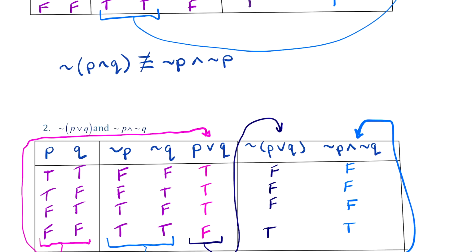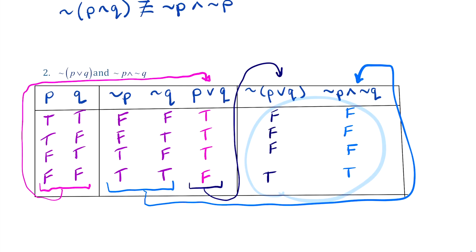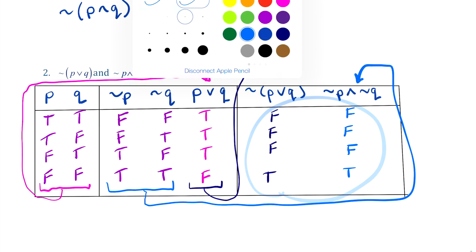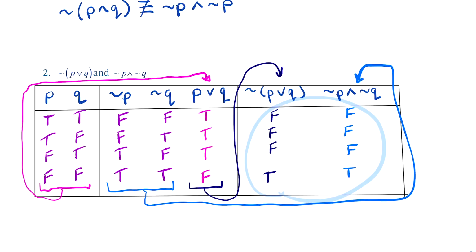Okay, so notice that all these truth values are the same, right? So what does that mean? That means that we found out that the negation of the disjunction of P and Q is logically equivalent to the conjunction of not P and not Q. Right?